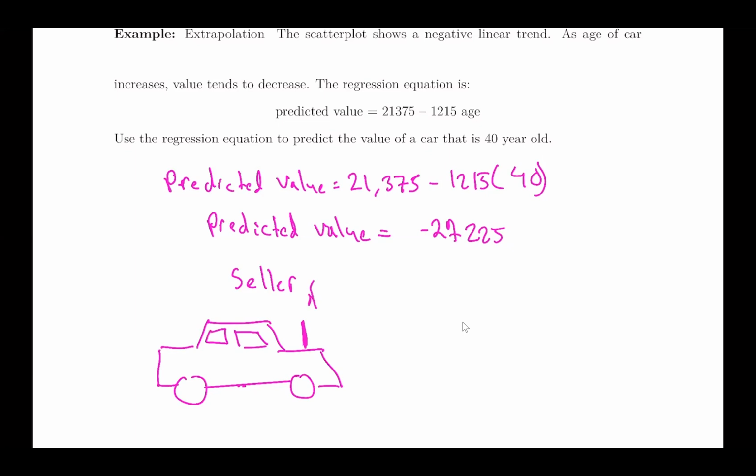So here's the seller, and then we have our buyer. What the negative 27,225 is saying is that the person selling the car should give the buyer $27,225, plus they also get the car.